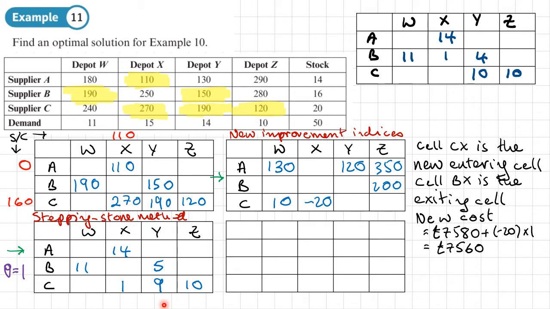That means to balance this 160, I need to put 30 at the top here. That allows me to fill in this middle row now. If I've got 30 here, that's going to mean 120 here. If I've got 120 here, that means I need to put 70 at the top there.